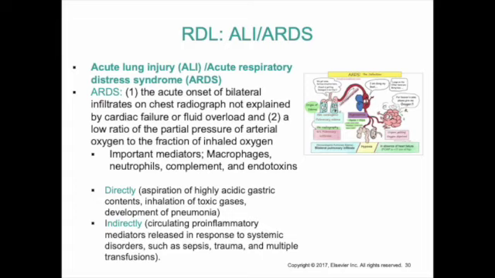It does affect more than 190,000 people here in the US every year. And we do have advances in therapy to help with ARDS, particularly ventilation therapy. This is going to decrease the death rate by about 46%, depending on other comorbidities and illnesses as well.